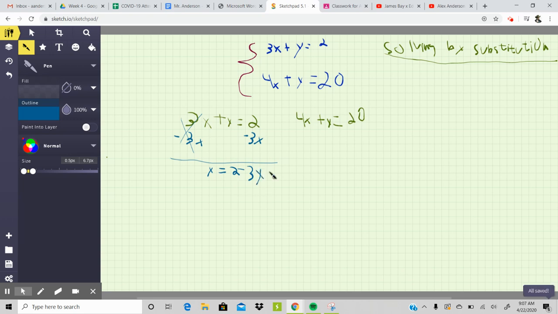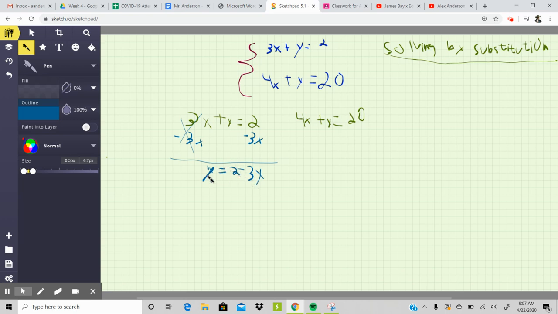Okay, now here's the tricky part, and it's not really that tricky of a part, but it's a hard part to maybe understand when this is brand new to you. This is a y, by the way, not an x. It kind of looks like an x. Okay, right here, this is saying that y is equal to 2 minus 3x.